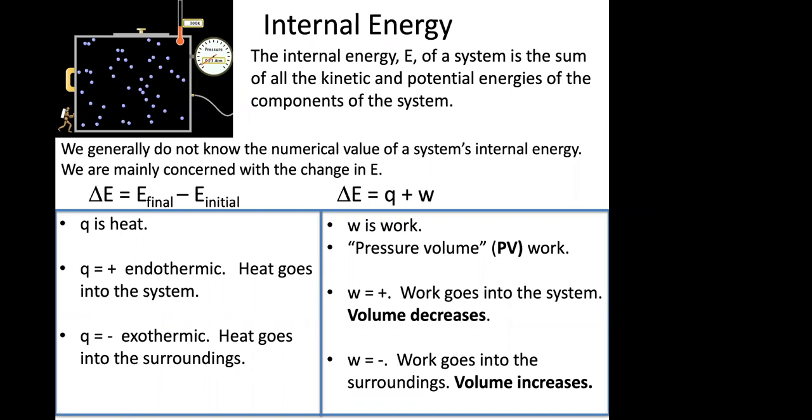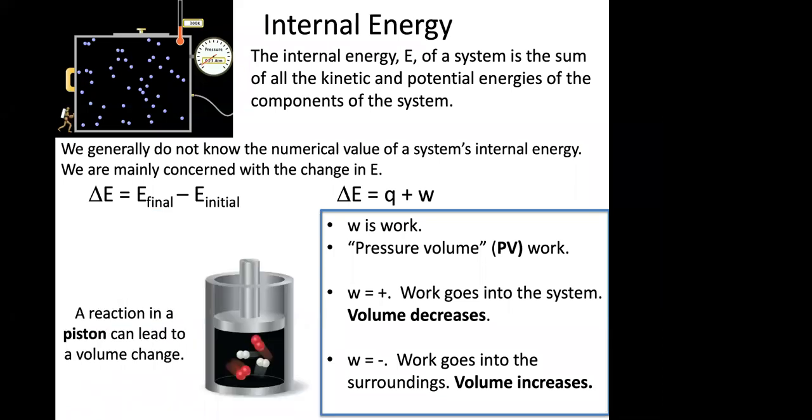If the volume of the system is getting smaller, that means the work was positive and work is being done on the system. If the system's volume is getting bigger, that means the system is doing work. That's why we're talking about pistons in this chapter. Because remember, we said within this one, this was an example where the matter stayed inside, but the energy could change. The energy is changing in the form of a volume change, and that's one way that we can change the internal energy.